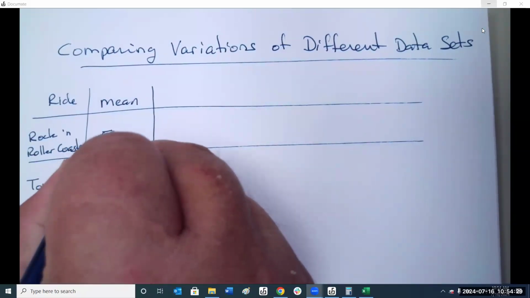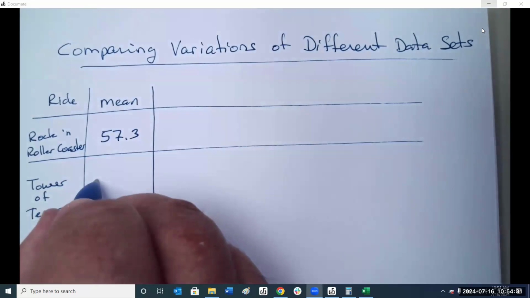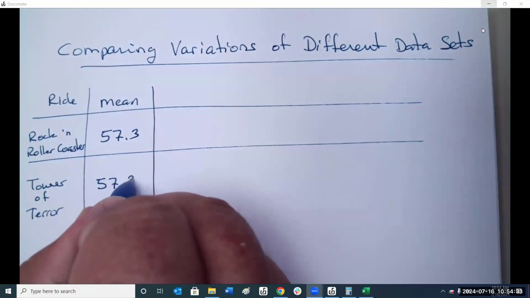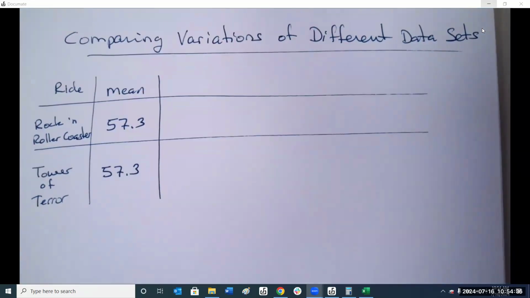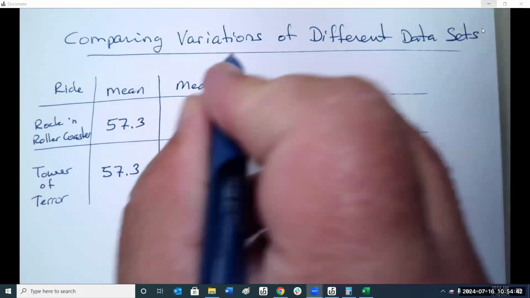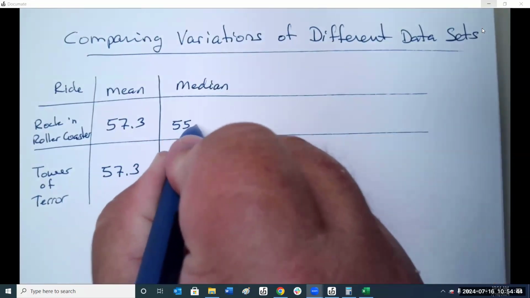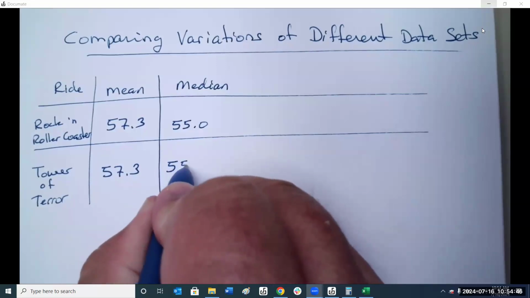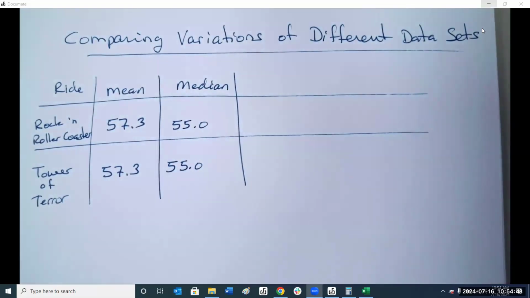The mean is the same. That doesn't help us any. The median is the same. That doesn't help us any.